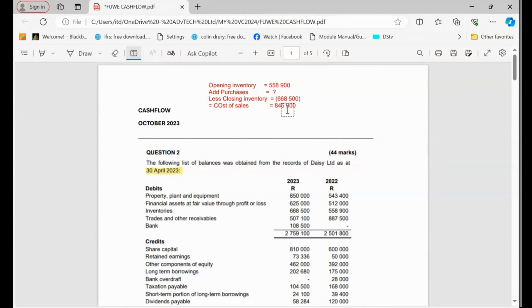So if I start here from the bottom, I must do the opposite of what I normally do from up there. That makes sense now. So 845, plus 668, minus 558. That will be the answer I'm going to get on this question mark.